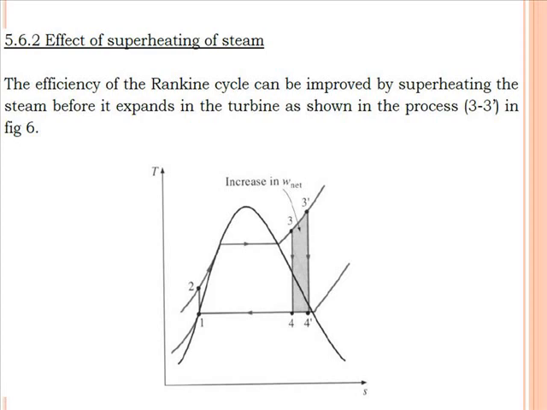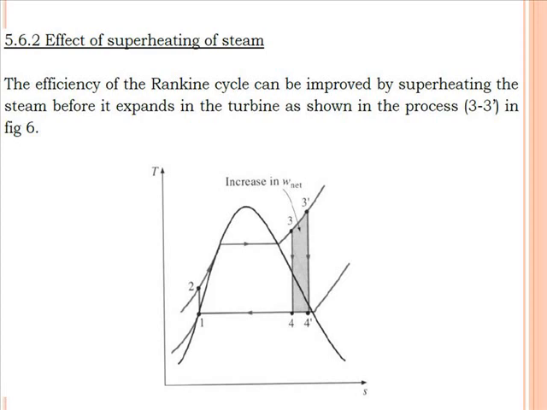At the same time, the amount of heat we have to supply to the system will also increase. But the quality of the steam at the outlet of the turbine will be improved, and hence when we increase the steam temperature, that is when we go for superheating, the efficiency of Rankine cycle increases. But we cannot go for higher and higher temperature.